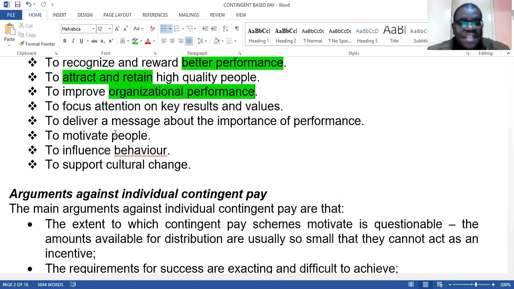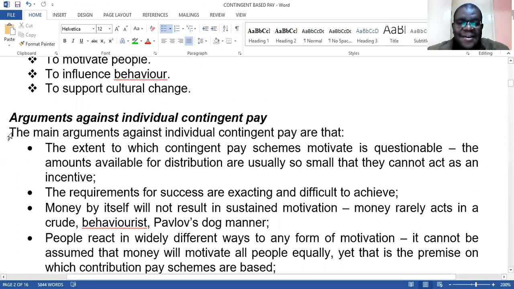You motivate, you influence behavior, and you can also support culture change in the organization if we have an individual-based contingent reward system.